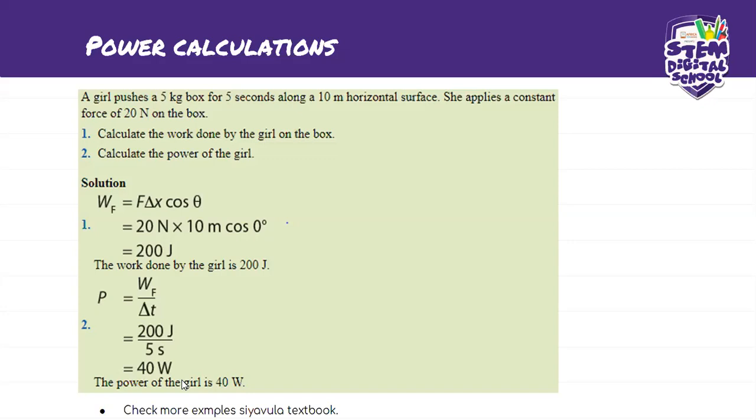Okay, so the computer is a bit slow today. I don't know why. But I'm just trying to share the Siyavula textbook so that we can do some more problems.